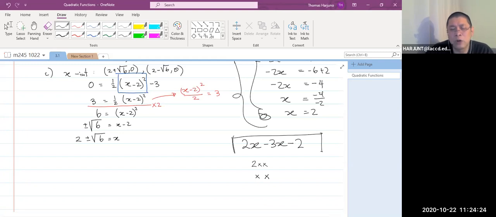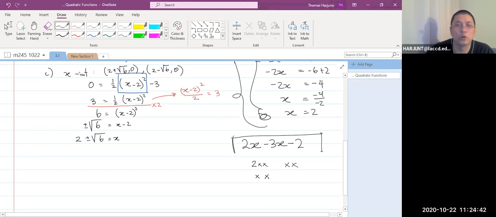Nobody writes it that way. How do I know which one is x, which one is multiplication? Huh? But Thomas, my multiplication sign is smaller. Yeah, but your x is also small. Come on, man. No need to argue with me about that.